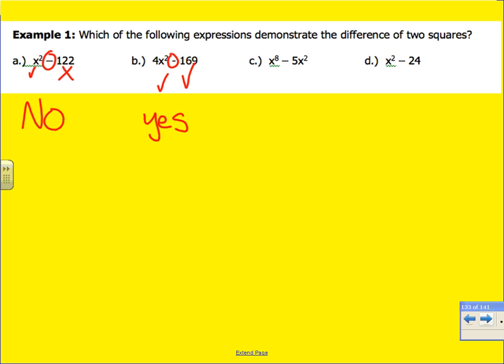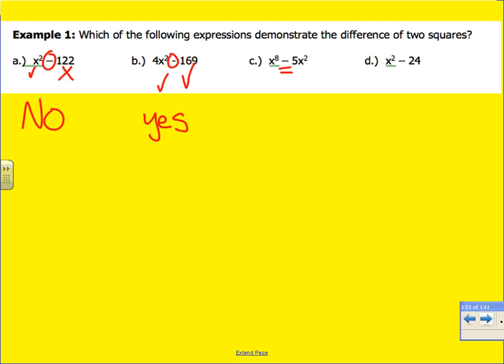Okay, let's go to letter C. Letter C, we have x to the 8th minus 5x to the 2nd. So this one, we'll start with our first question. Is this a binomial? It is a binomial. There's two terms. Second question, is it a subtraction problem? It is a subtraction problem. There's a subtraction sign there. Third question, are they both perfect squares?